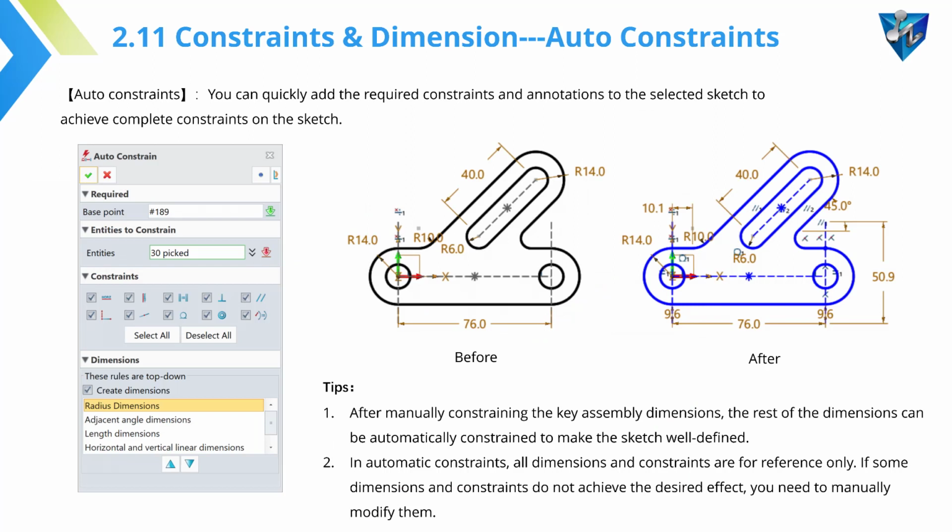Apart from the 2 types of constraint I mentioned in the last slide, ZW3D also has a very intelligent and convenient constraint tool. We call it auto constraints. With the auto constraints, you can quickly add the required constraints and annotations to the selected sketch and achieve a complete constraint on the sketch.